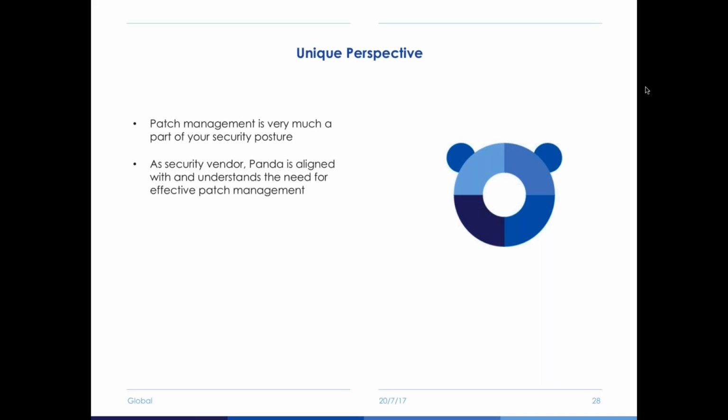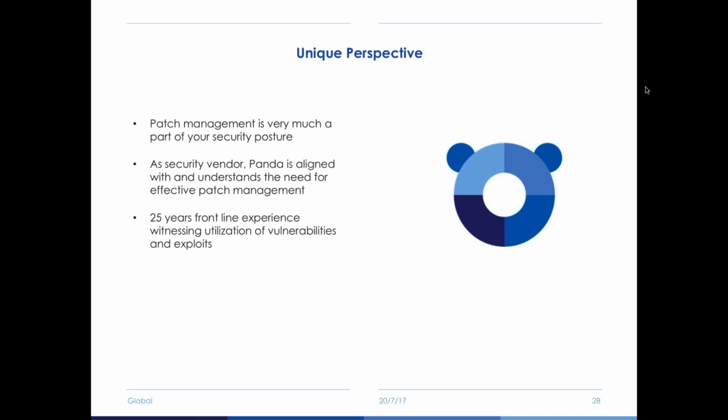Patch management, as we understand it, is very much a part of your security posture. There's exposure involved in a vulnerability being out there and available. Since that is the case, and since we are a security vendor, Panda is aligned with it, and we understand the need for effective patch management.